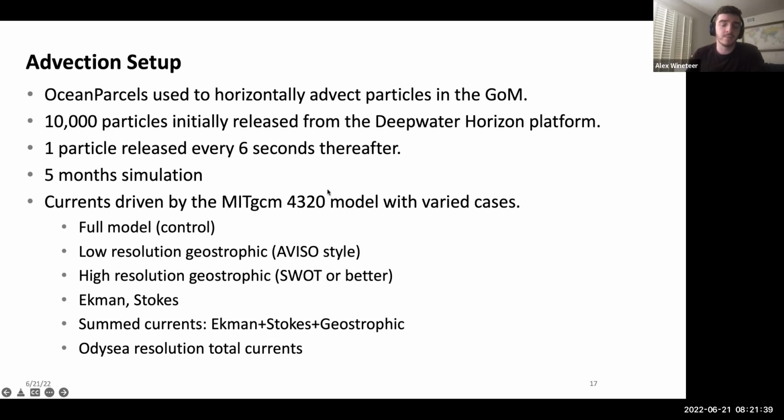I've split up the geostrophic components into two sets. One is an Odysea style that I'll call a lower resolution run. Then I've also used a higher resolution geostrophic current for advection that's kind of like a SWOT resolution. I'll show that more on the next few slides.